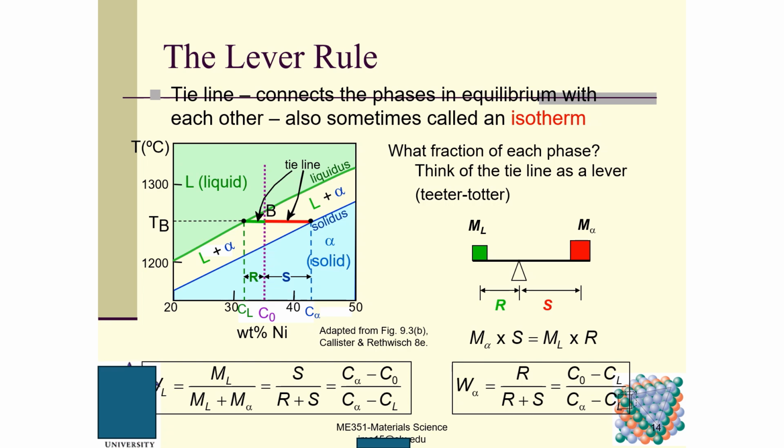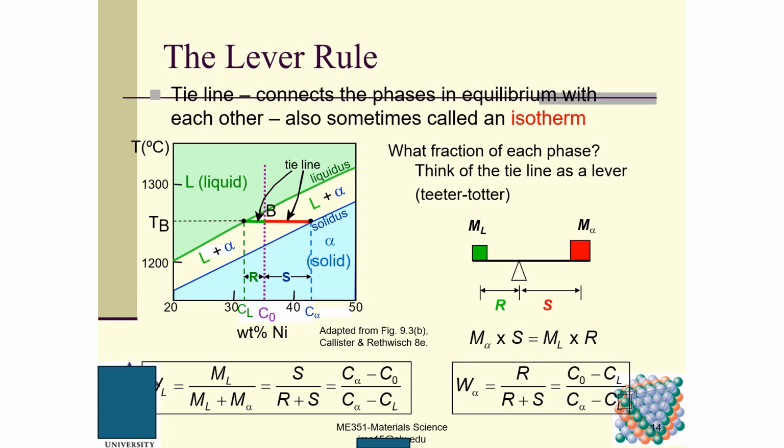If this arm has a higher length value, then the corresponding weight percent is lower. The shorter arm corresponds to the larger mass. This is the shorter arm here.